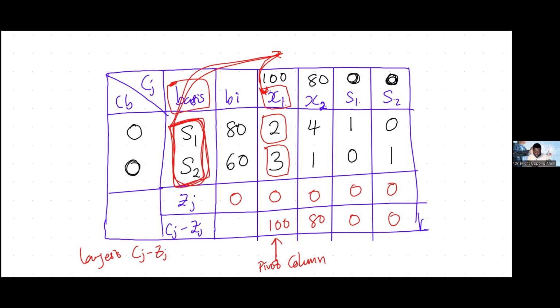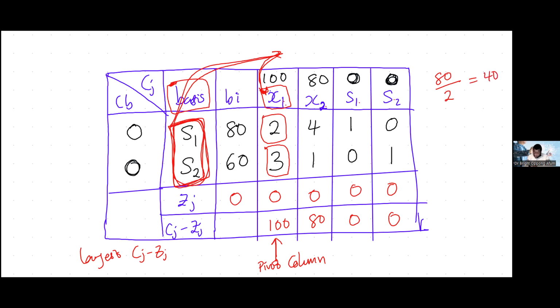We don't know. What we do is divide the values in the solution, which is the bi, by the corresponding coefficients in the decision variable column. That's all we do. We divide and find the corresponding values. So 80 divided by 2 is 40.